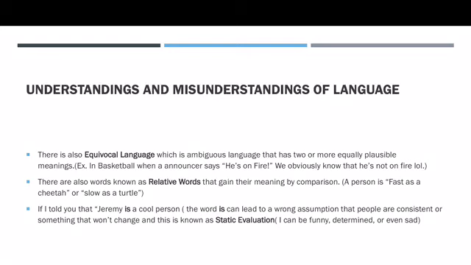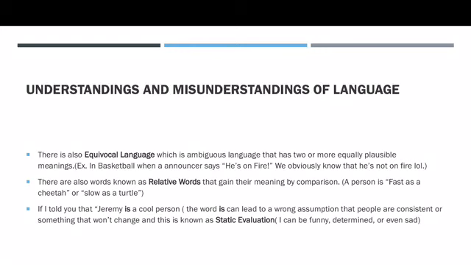If I told you this sentence right here, that Jeremy is a cool person, the word "is" in that sentence can lead to a wrong assumption that people are consistent or won't change. This is known as static evaluation. The reason is that even though I can be a cool person, I can also be a funny person, a determined person, or maybe a sad person.